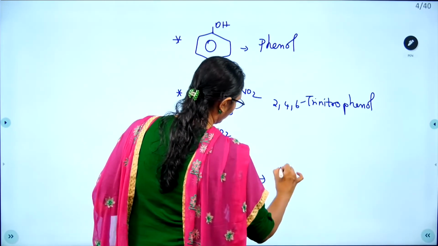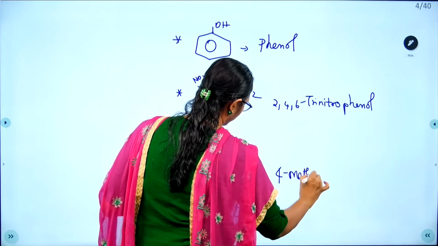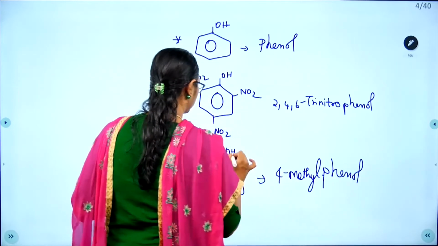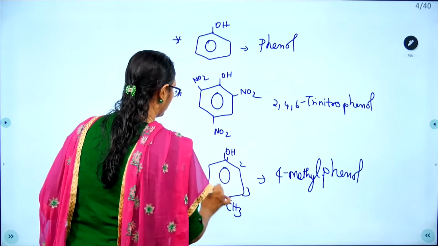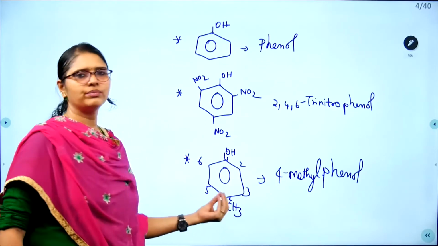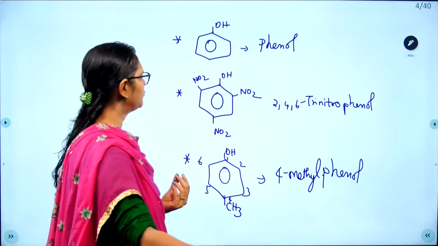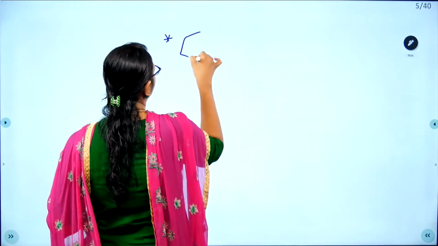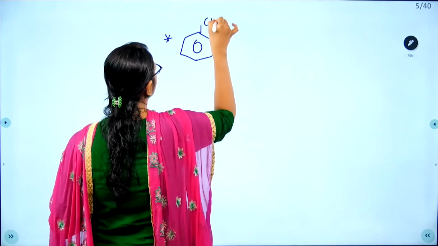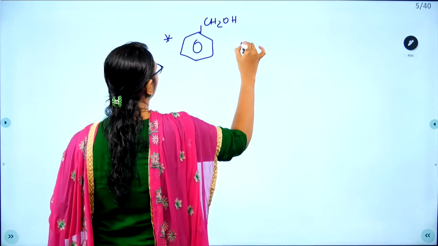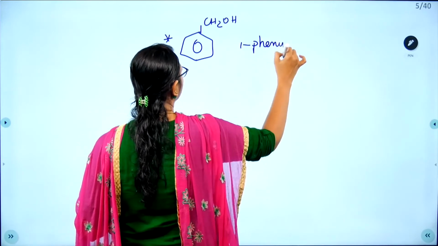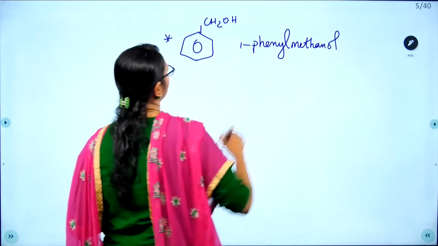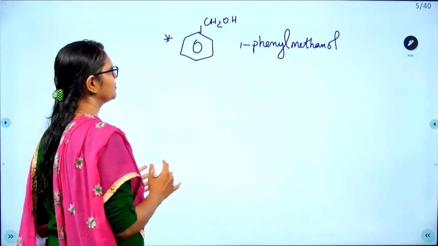This is 4-methylphenol, because the benzene ring with OH is phenol and that carbon is position 1. Then, a benzene ring with CH2OH is phenylmethanol. This is how you should name it.